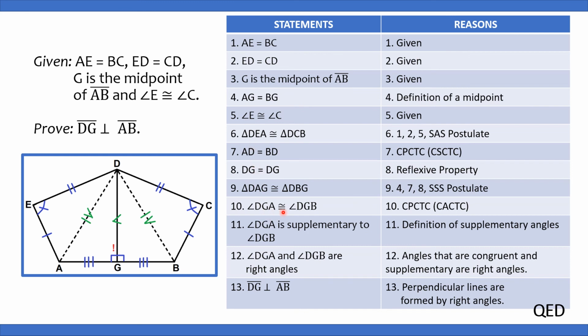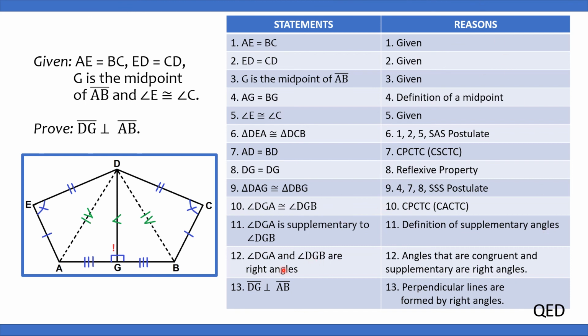Angle DGA is congruent to angle DGB by CPCTC. Statement 11, angle DGA is supplementary to angle DGB because this is a linear pair or a straight angle. Definition of supplementary angles is the reason for statement 11.